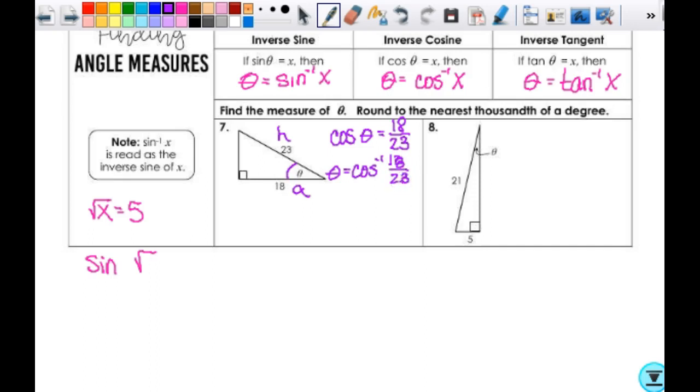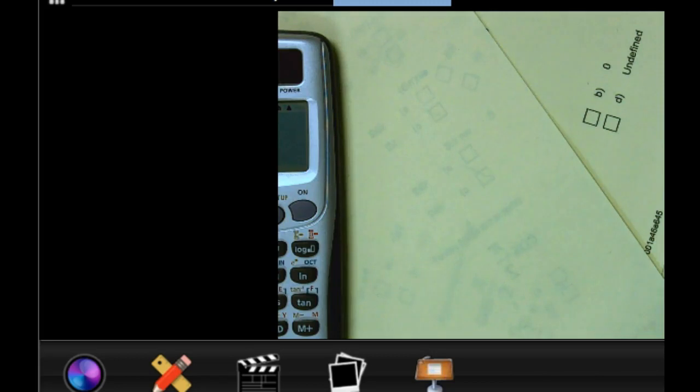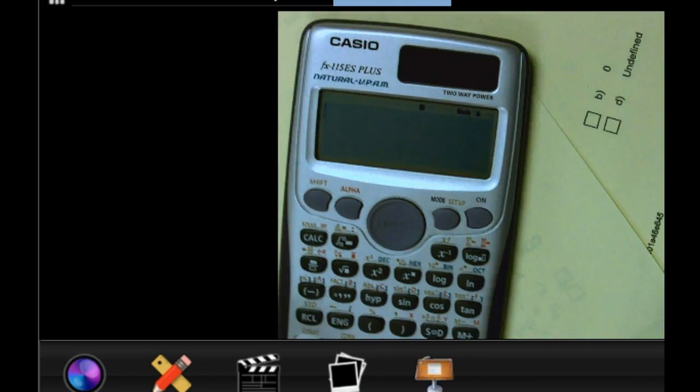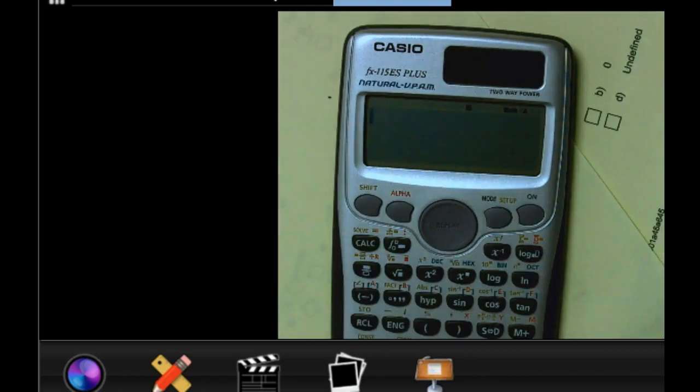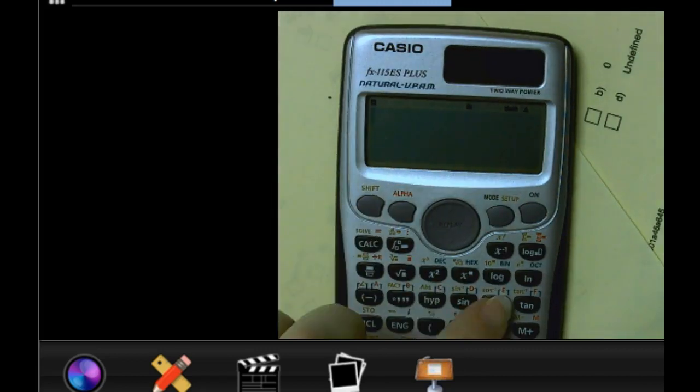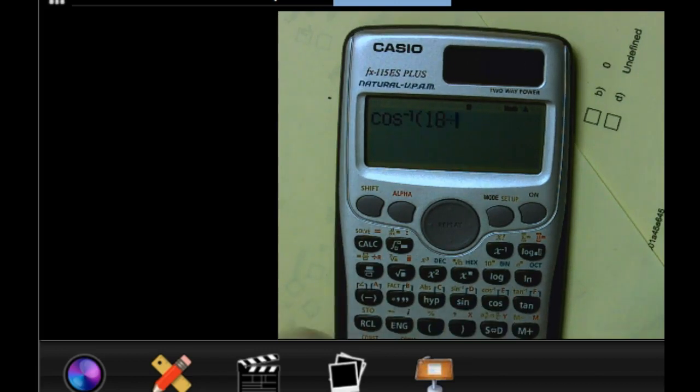On this calculator and on all of the calculators I've ever seen, I can't say all calculators ever, the inverse functions are right above the functions themselves. So to type it in, I do shift cosine, and then 18 divided by 23.